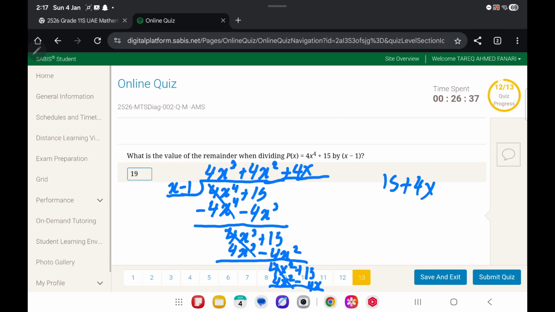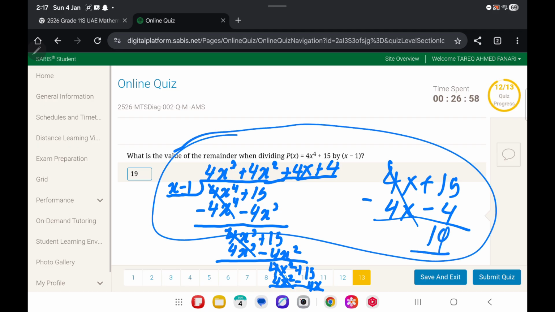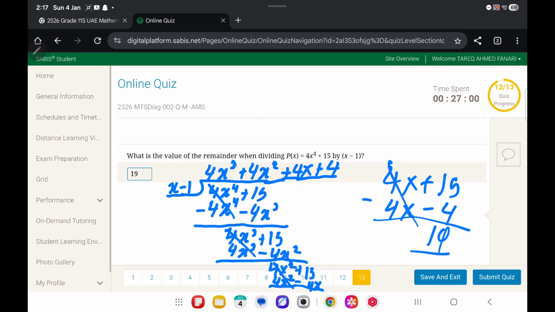And then finally, to get to this, you're just gonna need to do plus 4. Now, 4x plus 15. 4, you're gonna do 4x minus 4. Cancels out. This is minus, make a plus 19. 19 is your remainder. See, all of this division took me like 2 or 3 minutes.